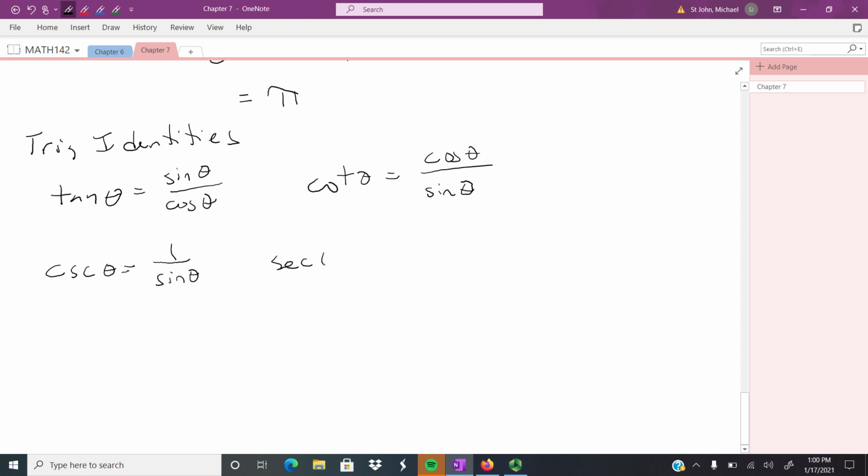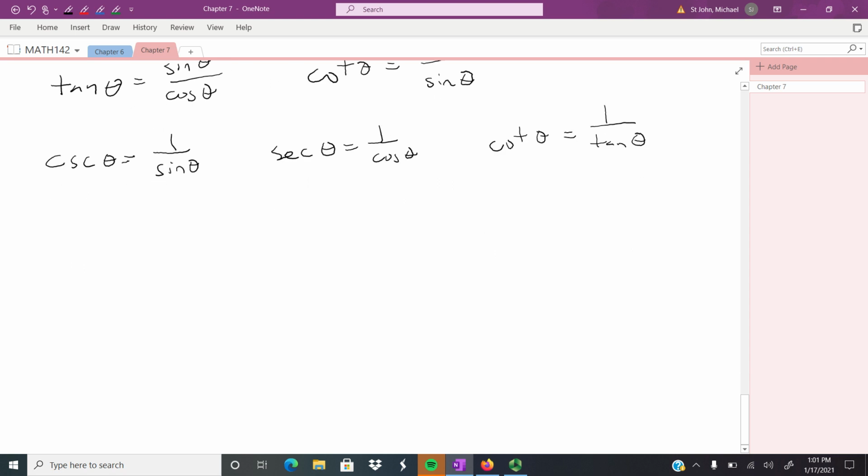Secant is 1 over cosine. And then cotangent is 1 over tangent. And then we get to the Pythagorean, and I already put one up earlier, and that was sine squared plus cosine squared equals 1.